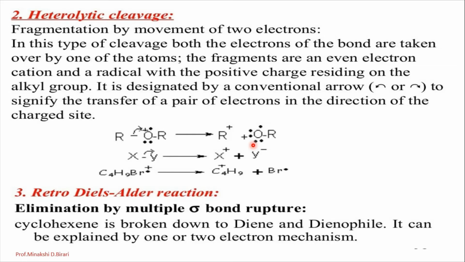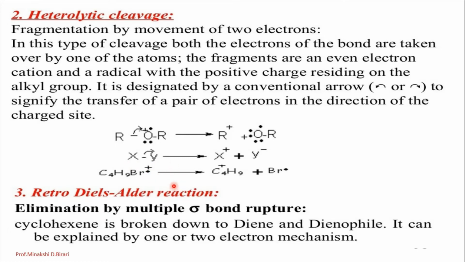This will be the second example, the C4H9Br molecular ion. Here also the cleavage occurs at the C-Br bond. So cleavage of the C-X bond, that means the C-Br bond. The X may be a heteroatom like N, O, S, Cl, Br, etc. The cleavage occurs at the C-X bond, which is more difficult compared to the carbon-carbon single bond.